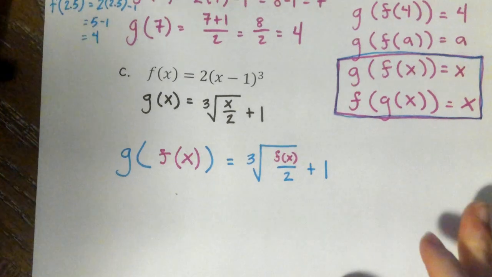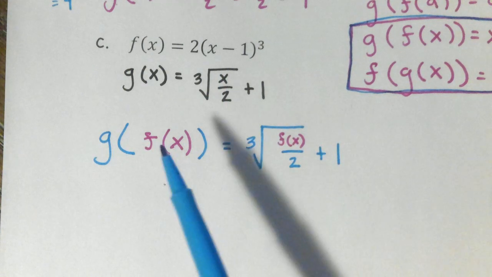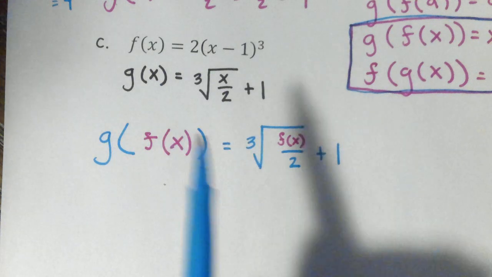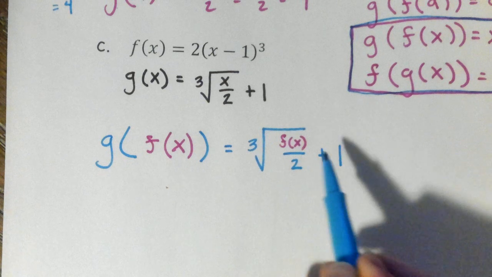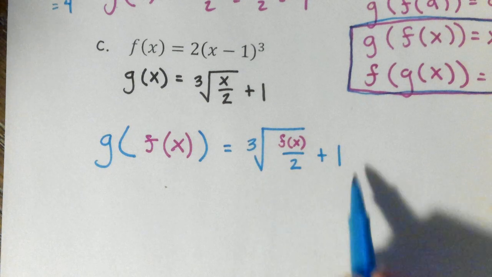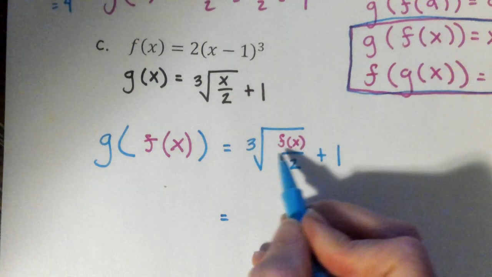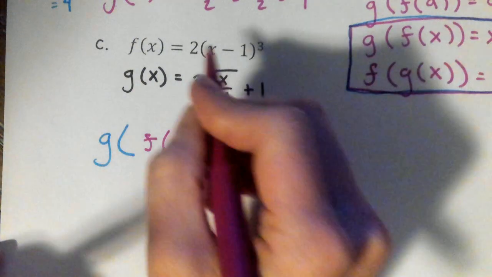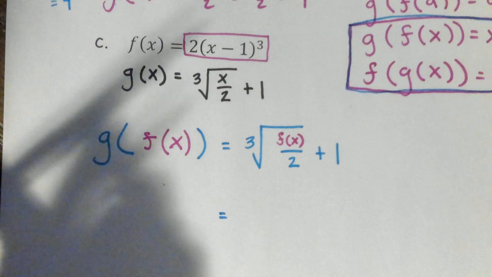Okay? So we are replacing the x, just like this right here, remember, g of x, with f of x. So now I am going to write this whole thing, but now instead of x, this whole thing, remember, is f of x.